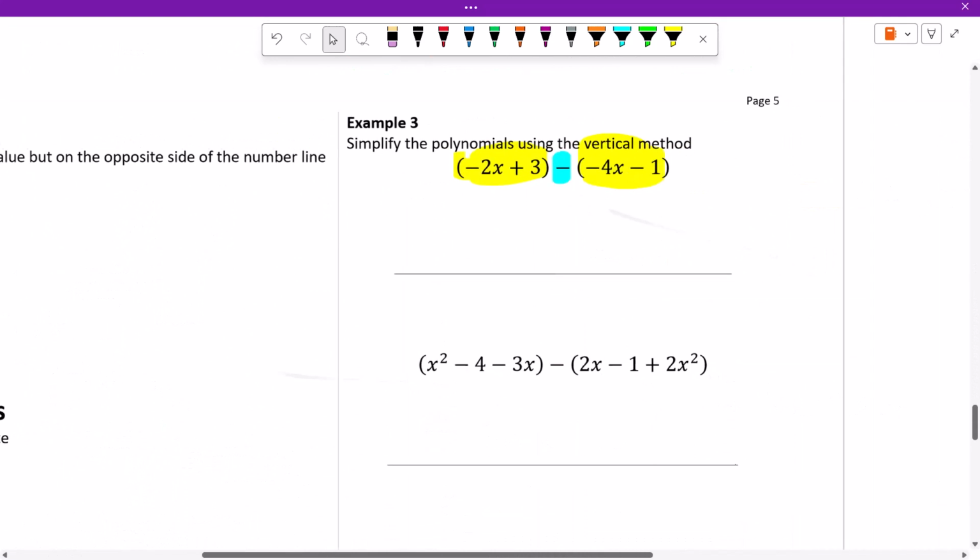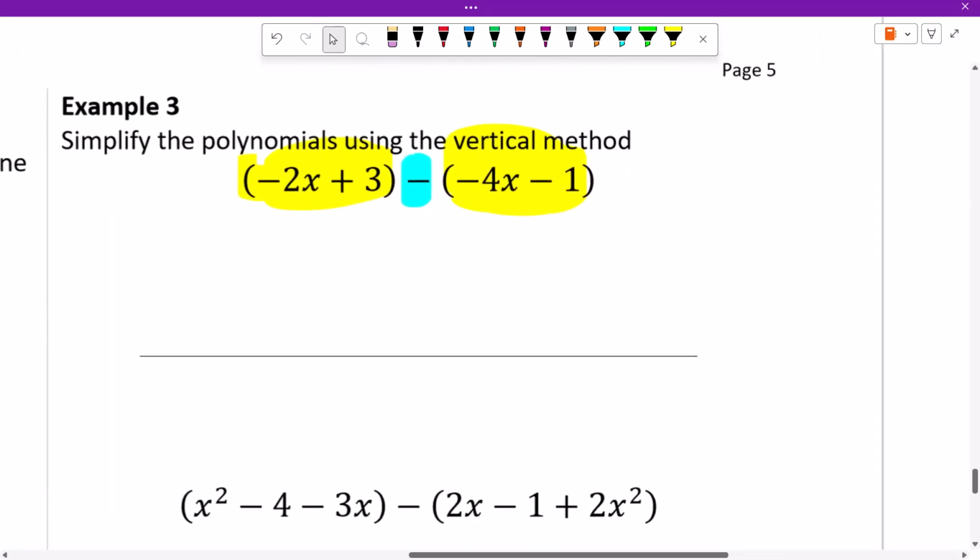So, why is subtracting different than adding? When we subtract, we want to subtract all of this bracket, not just one thing. So we're subtracting everything over here.